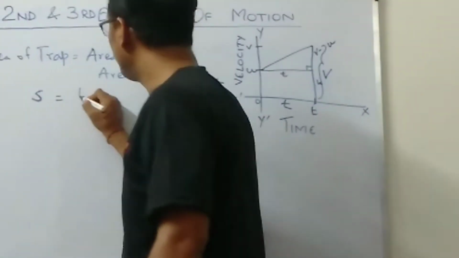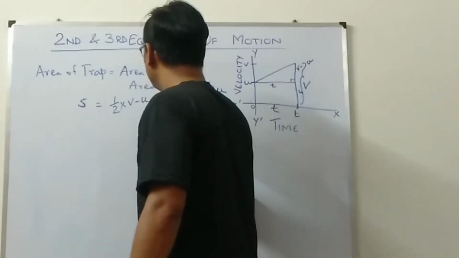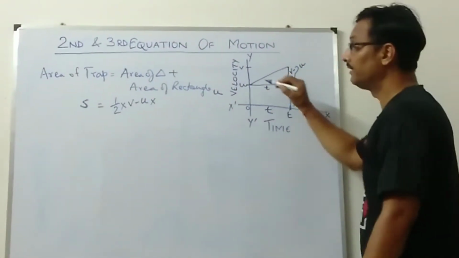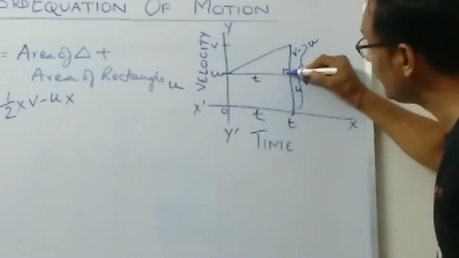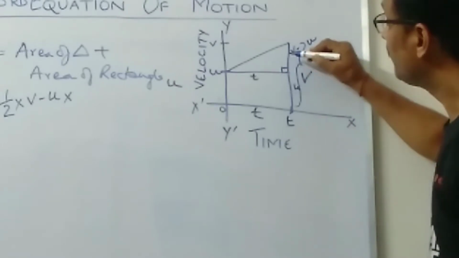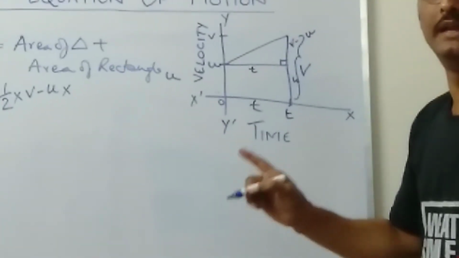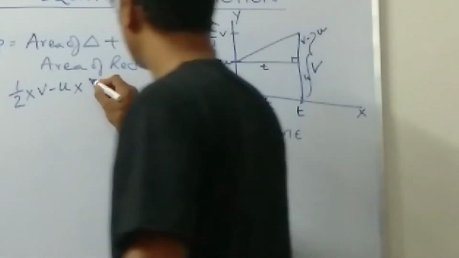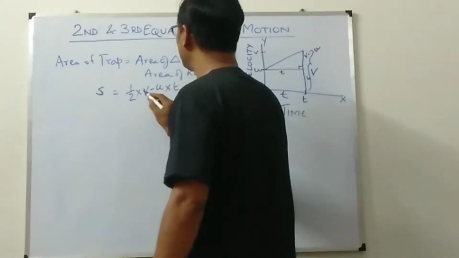So half into base, v minus u, into height. What is height? t. This is making 90 degree. Wherever 90 degree is made, there are two sides. If one of them is base, another one has to be perpendicular or height. So this is height.